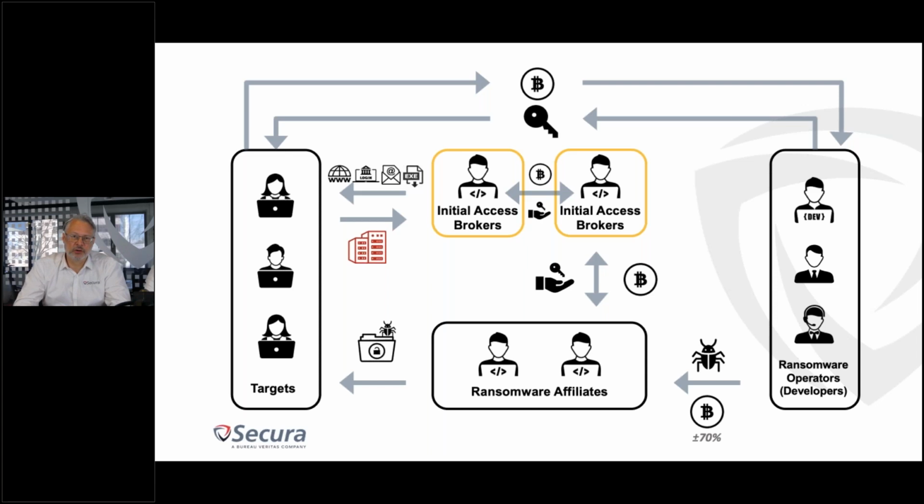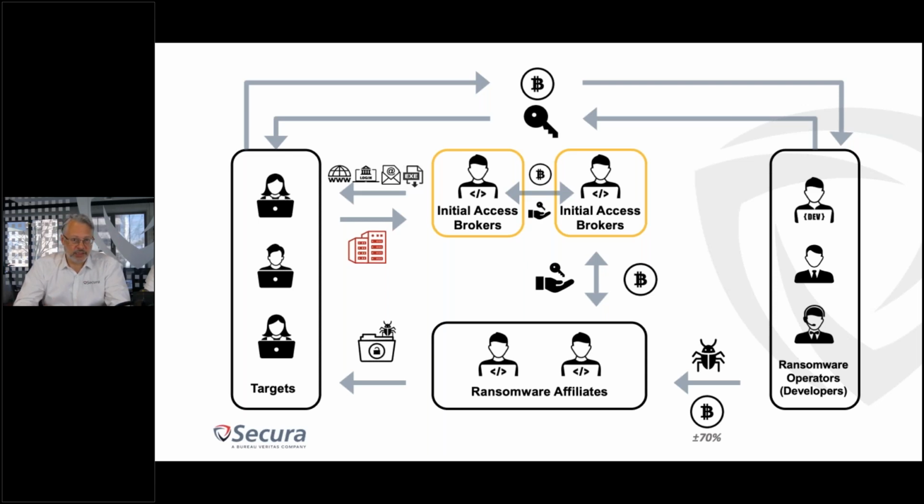Just 3 weeks ago, the Genesis marketplace was taken down by the police, the FBI, and the Dutch police. And it turned out that on that marketplace, there were personal details and credentials being sold for millions and millions of people.